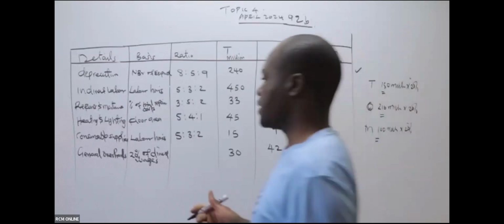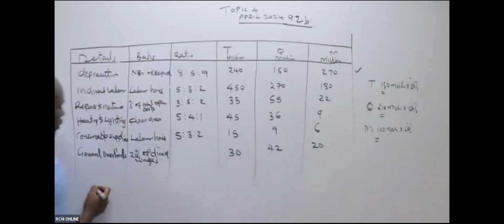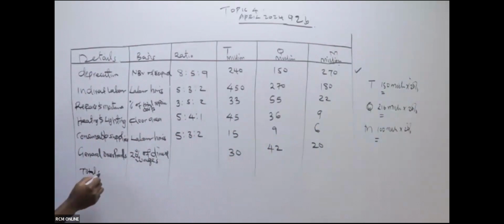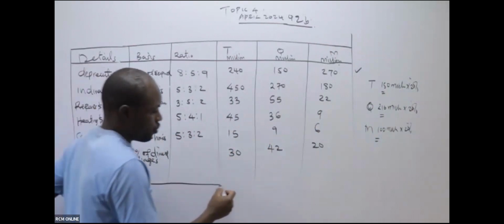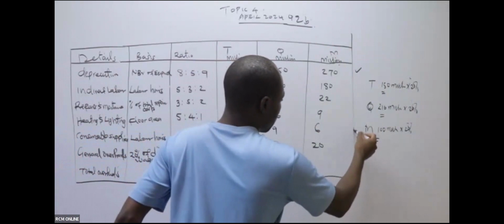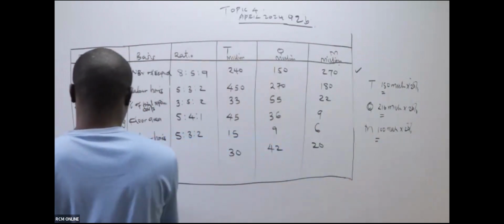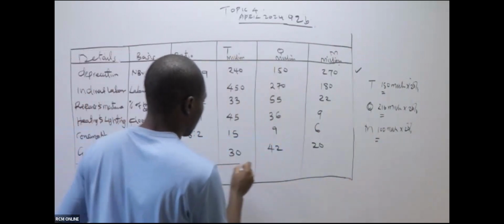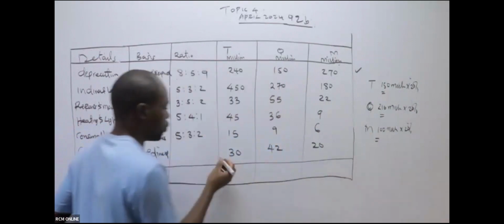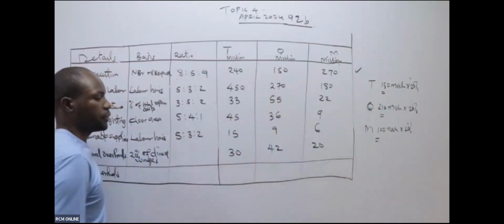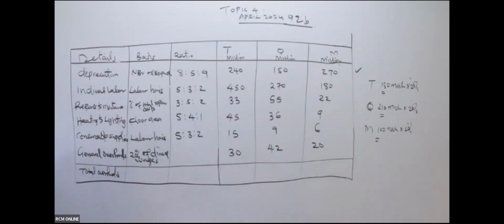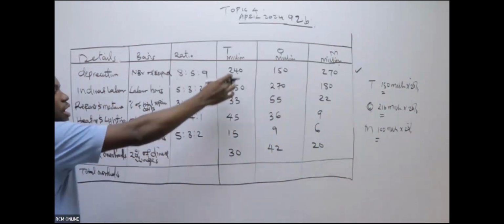So once that is done, please go ahead and give us the total overheads distributed to each department. Somebody should start with the T column.